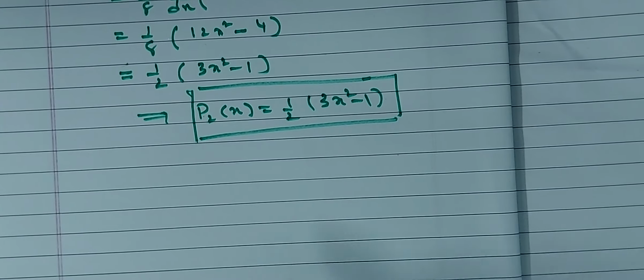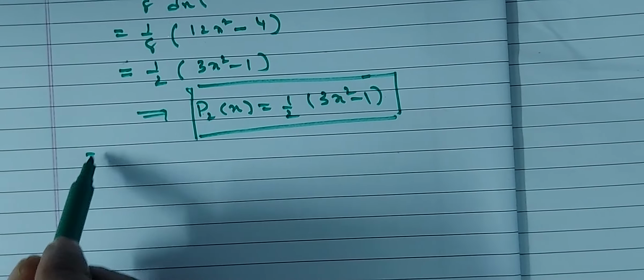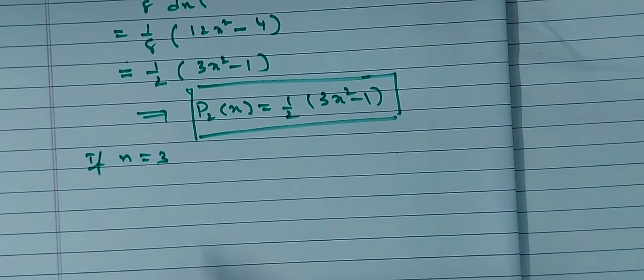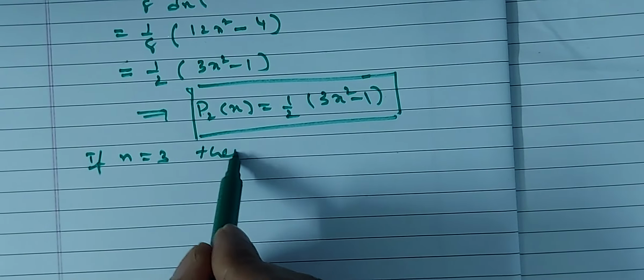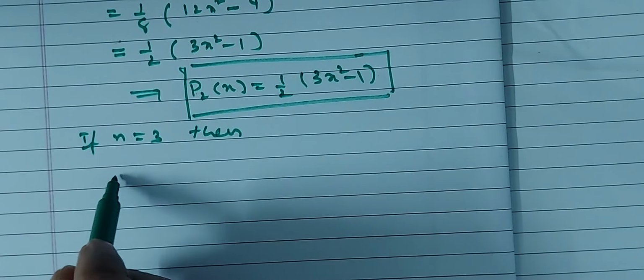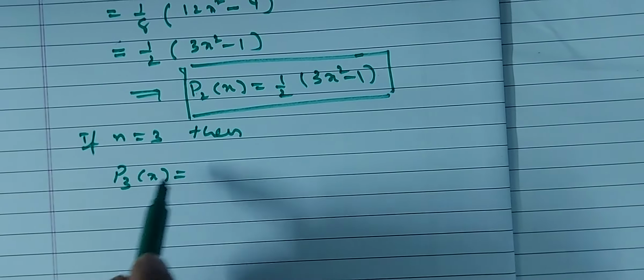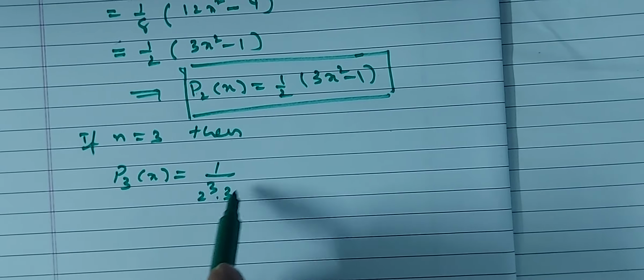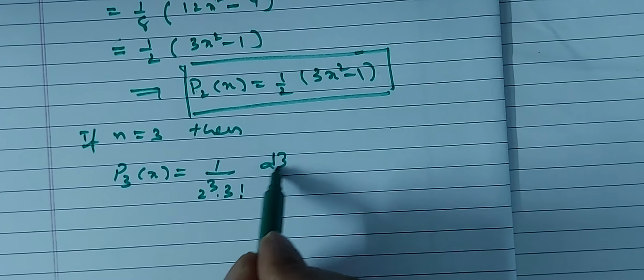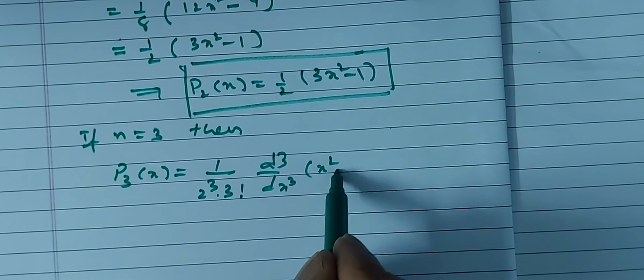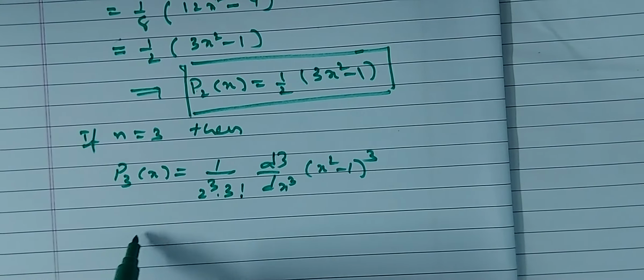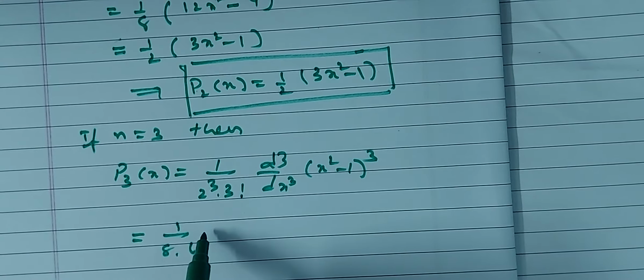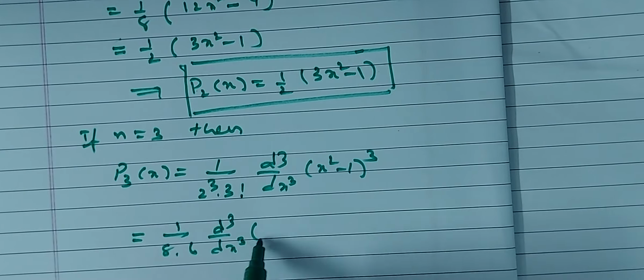Next, if n is equal to 3, then P3 of x is equal to 1 by 2 cube into 3 factorial, d cube by dx cube of (x square minus 1) whole cube, which is 1 by 8 into 6 into d cube by dx cube of (x square minus 1) whole cube.